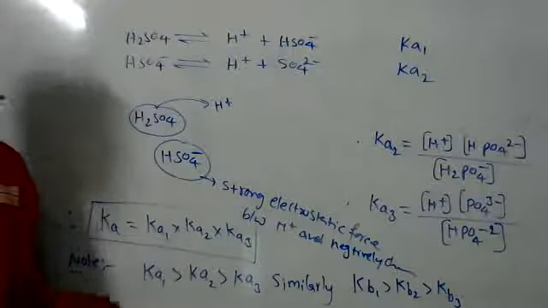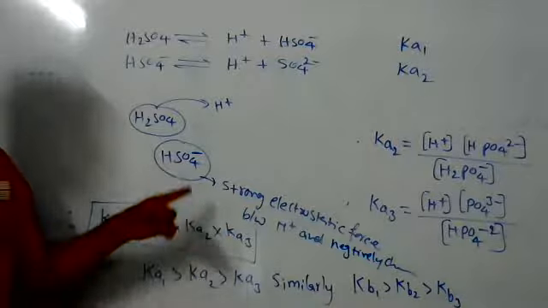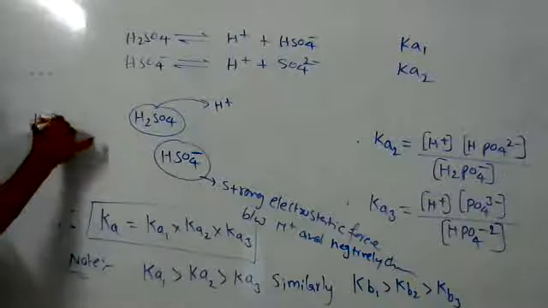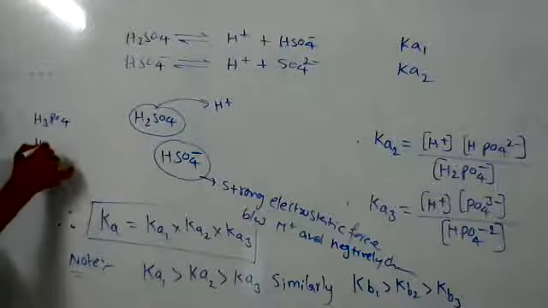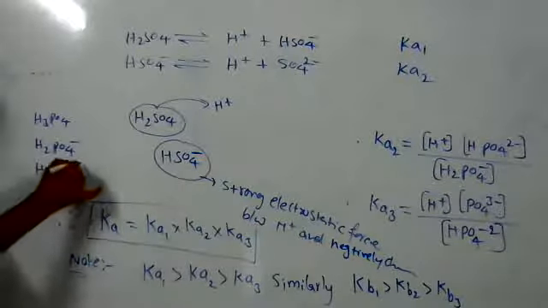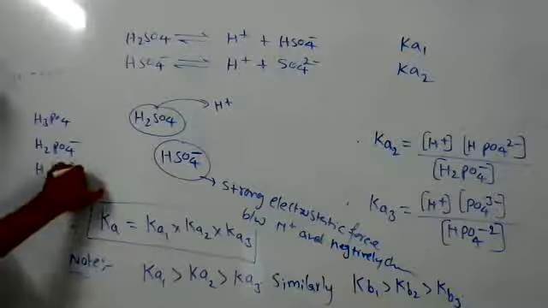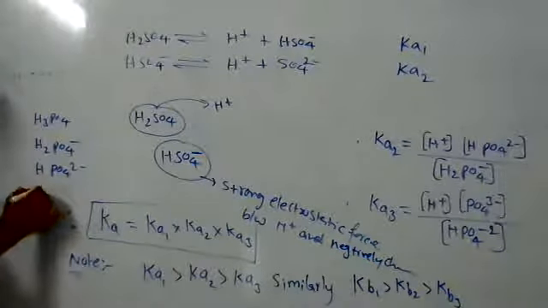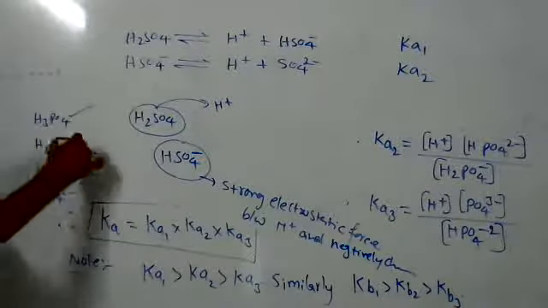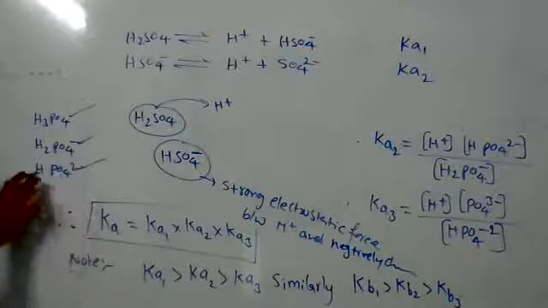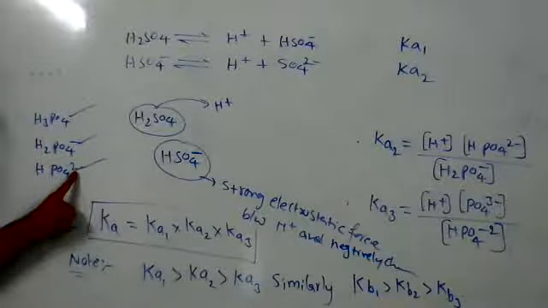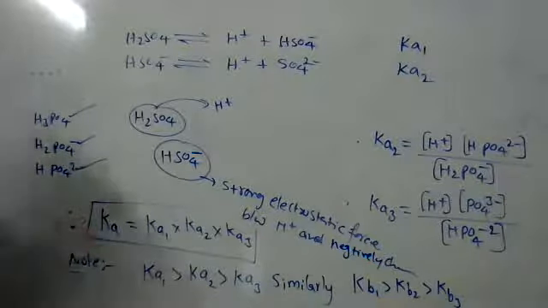This is the theoretical explanation of why this is a stronger acid than that. The same applies to H3PO4. H3PO4 is a stronger acid and easily provides H+ ion. Then H2PO4- is somewhat difficult, and HPO4 2- is highly difficult. Because the magnitude of negative charge increases, the ability to donate H+ ion decreases.